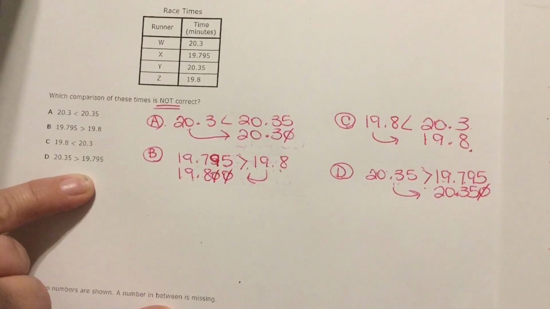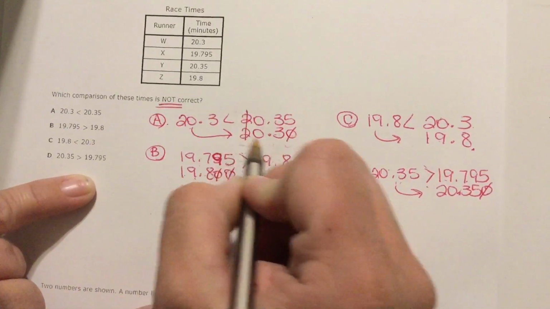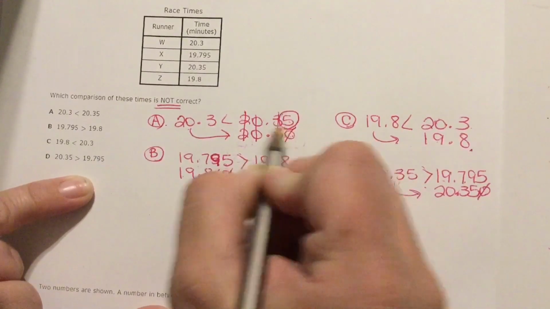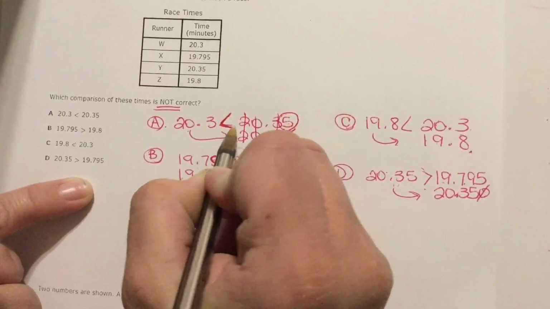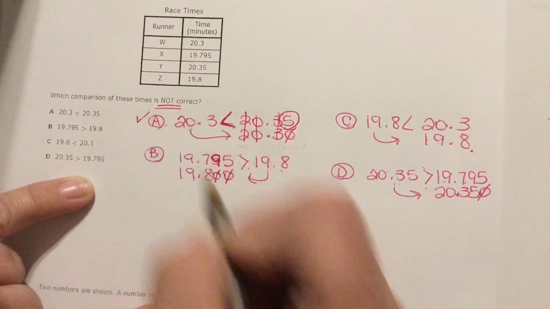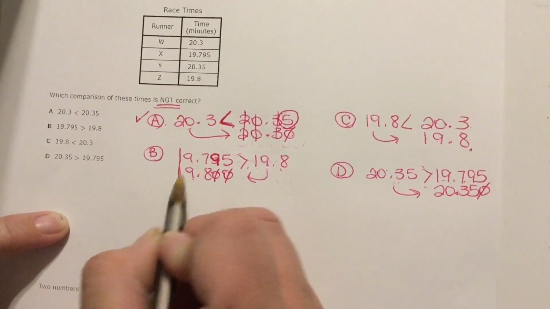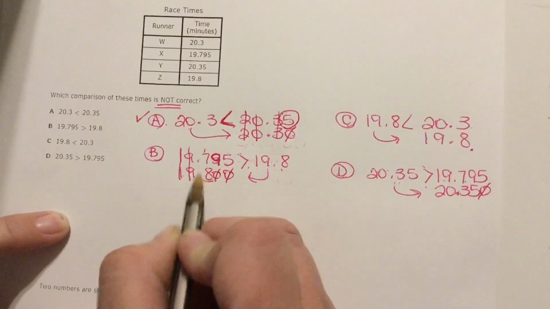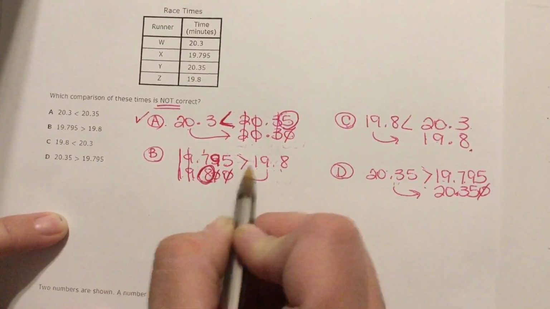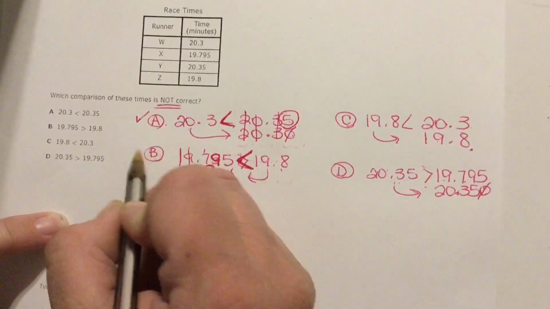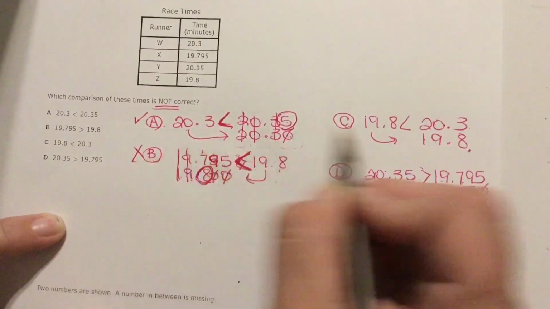Now I can compare 20 and 20, 0 and 0, 3 and 3, 5 and 0. 5 is bigger, so that means this is the correct symbol. Okay, B, 1 and 1, 9 and 9, 7 and 8. 8 is bigger, so it should go like that. So this one is not correct.